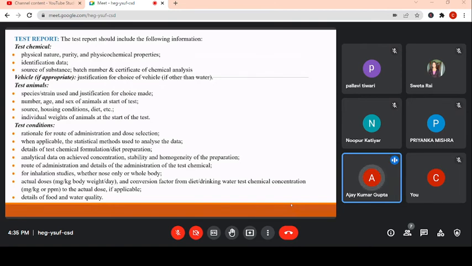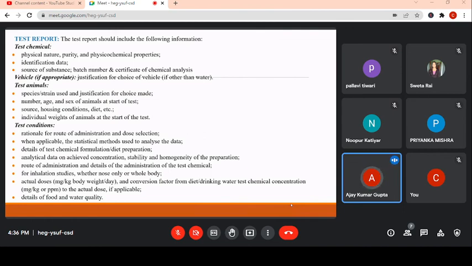The test conditions should also be mentioned in your final report. Rationale for route of administration and dose selection. When applicable, the statistical method used to analyze the data. Details of test chemical formulation or diet preparation. Analytical data on achieved concentration, stability, and homogeneity of the preparation.